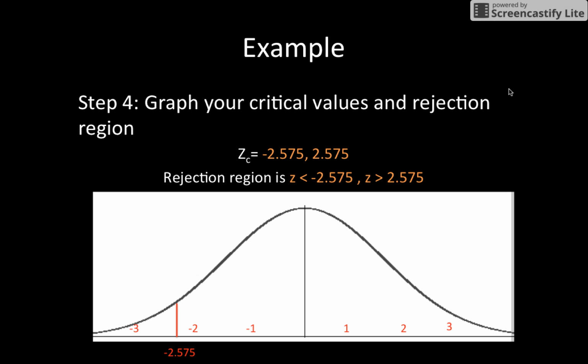It's not exactly equal, just a little bit by sight. And your positive 2.575 is on the other side. Your rejection region is less than negative 2.575, so that is your first rejection region, and your other rejection region is greater than 2.575. That would be your second rejection region.